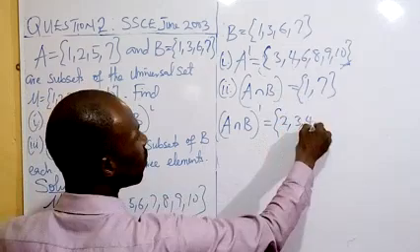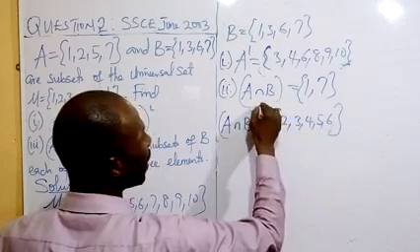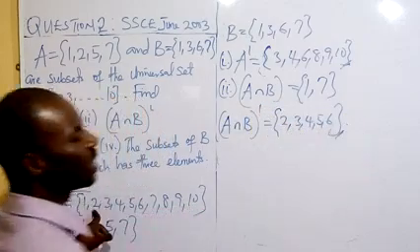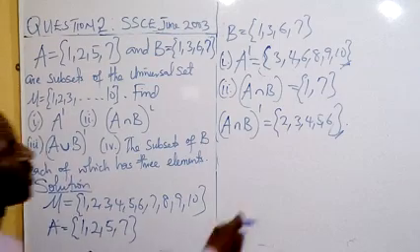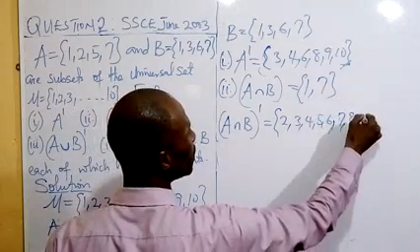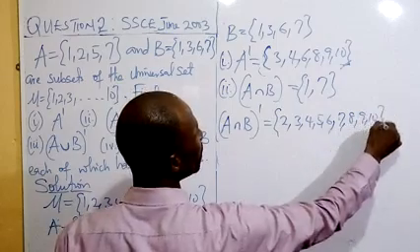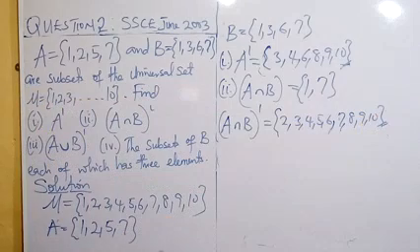Then 3, 4, 5, 6, 8, 9, 10. That is our A intersection B prime. The universal set is 1 to 10.